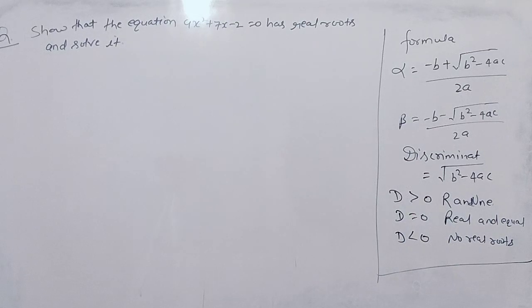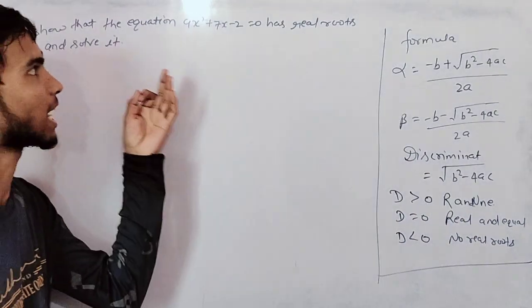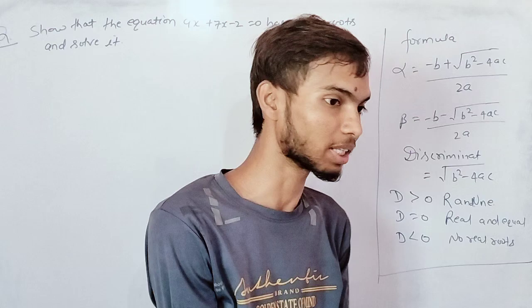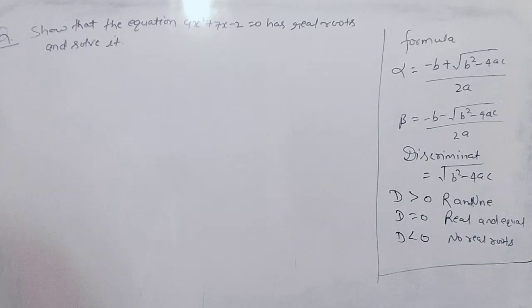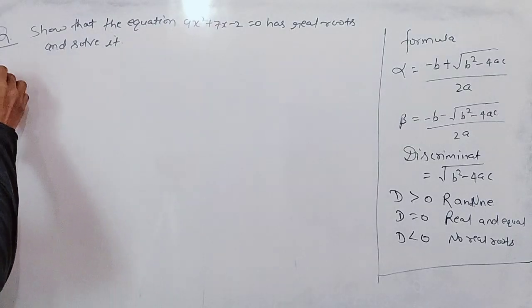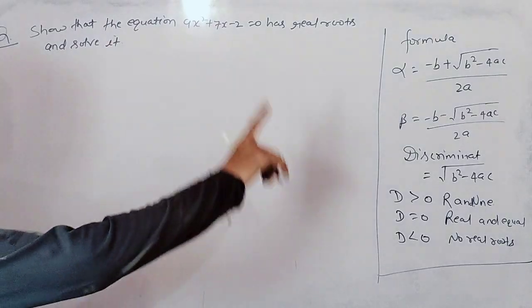This is the equation, and we need to find the condition so that the equation has real roots. It means we need to find the discriminant, and when you find the discriminant, you will have the nature of roots. Okay, let's find the discriminant.